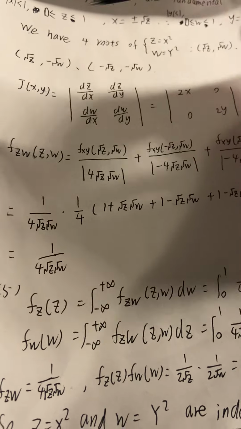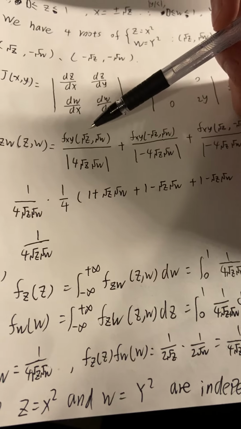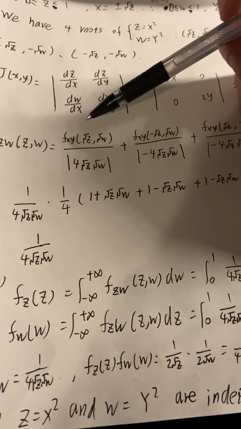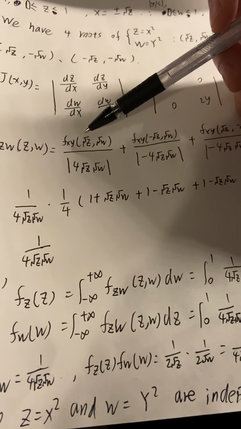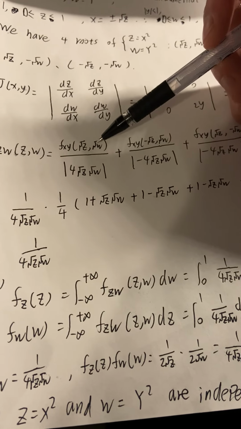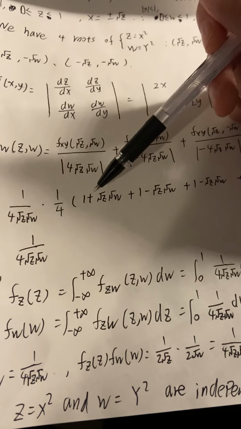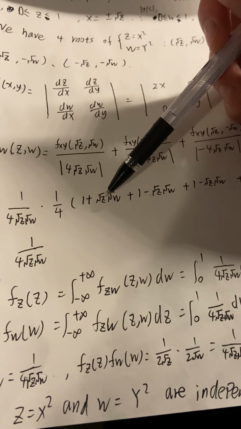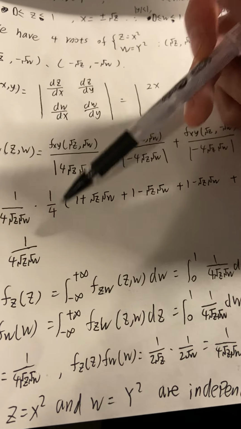of z and w. So for the first root, f_xy of square root of z and square root of w will be (1 plus square root of z times square root of w) divided by 4.